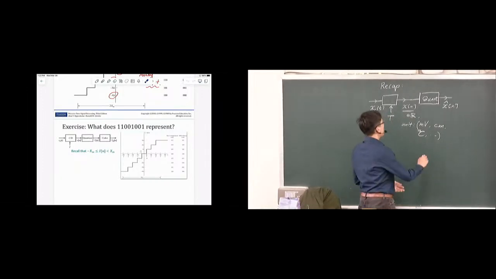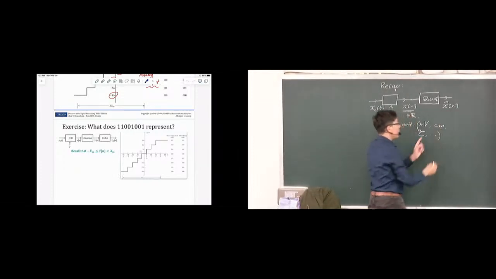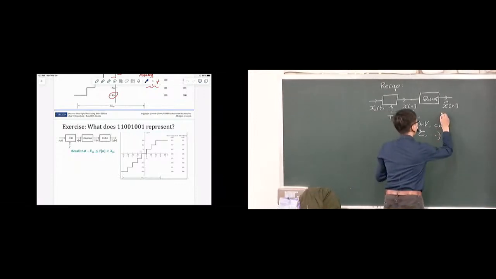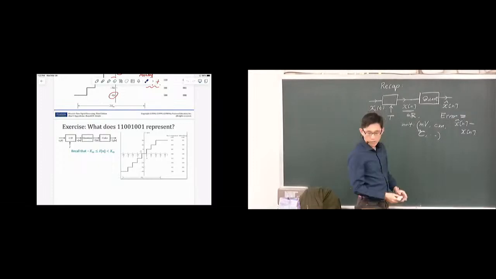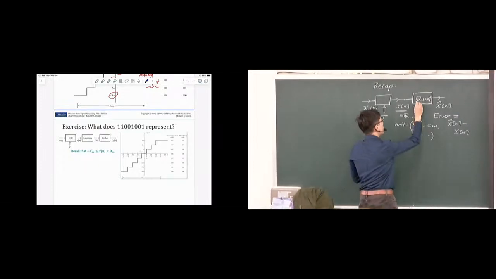In general, we'll have an approximation error, with hat being some kind of representation. The error can be denoted as, let's say, the result subtracted by the original. So today, our first topic is to go back to quantization.